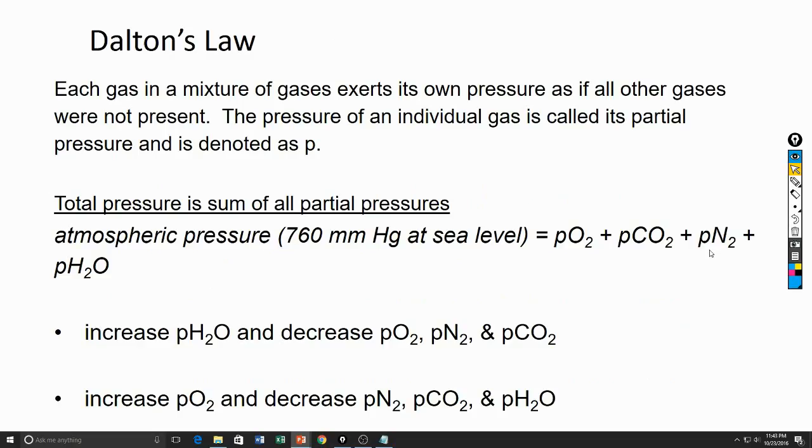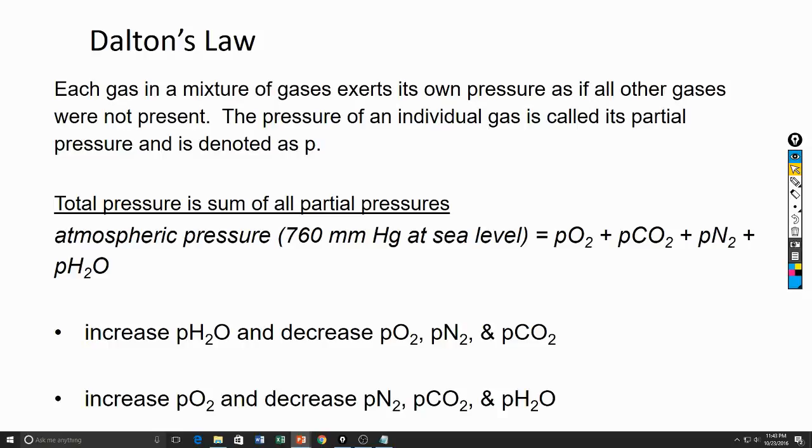All right, so let's look a little bit at physics. Dalton's law. Dalton's law just essentially states that the partial pressures of any number of individual gases exert an overall pressure in a system.